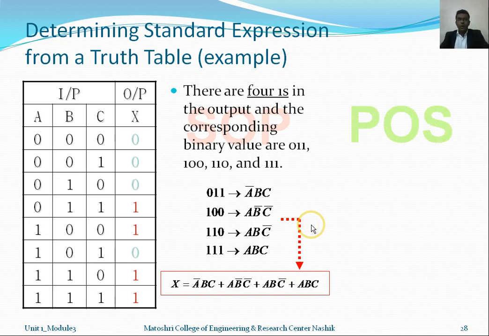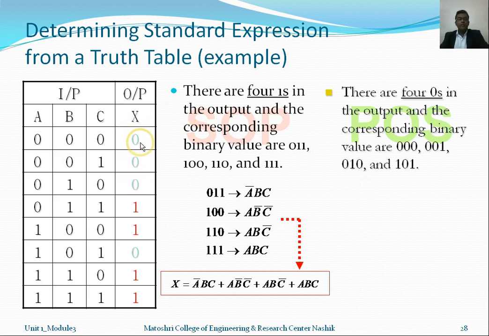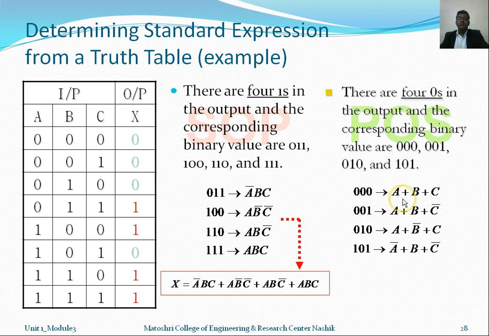Now in case of POS, we have to find the outputs that are 0. All four zeros are present here. In case of POS, keep in mind 0 is without complement and 1 is the complement. So 0 0 0 is represented as A without complement, ORing with B, ORing with C, because it's a sum term.